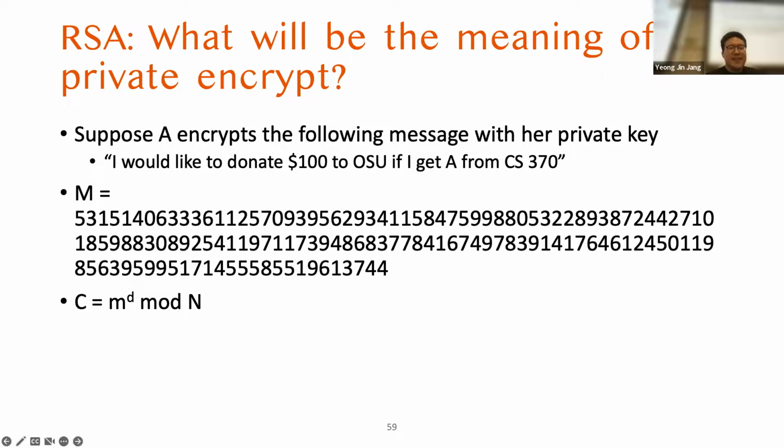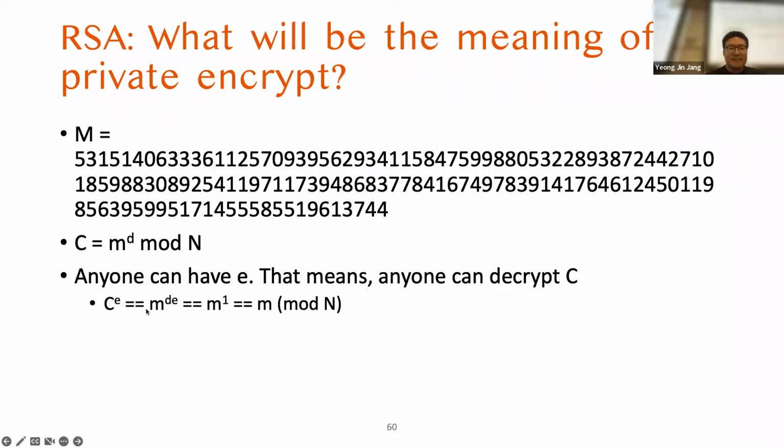So message M, which I translated as an integer, will be something like this. And our ciphertext will be generated by applying the private key D as an exponent. Then any of you can obtain my public key because that will be public.